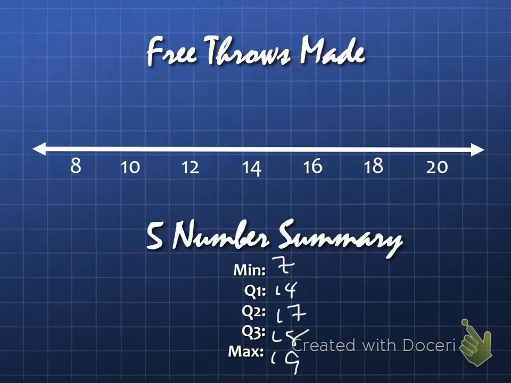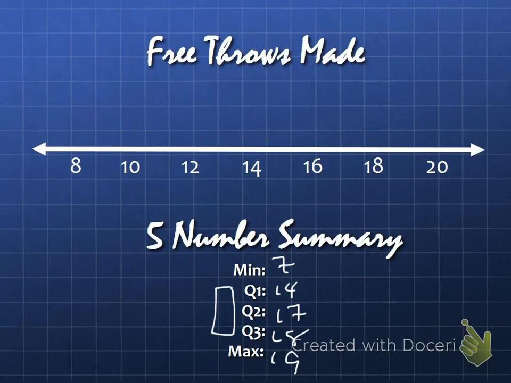So we create a box for our middle 50%. And again, this is going to be a graphical display, so we're going to lose a bit of detail in our data. We're not going to see the individual data pieces anymore. We're just going to see where the middle 50% sit.